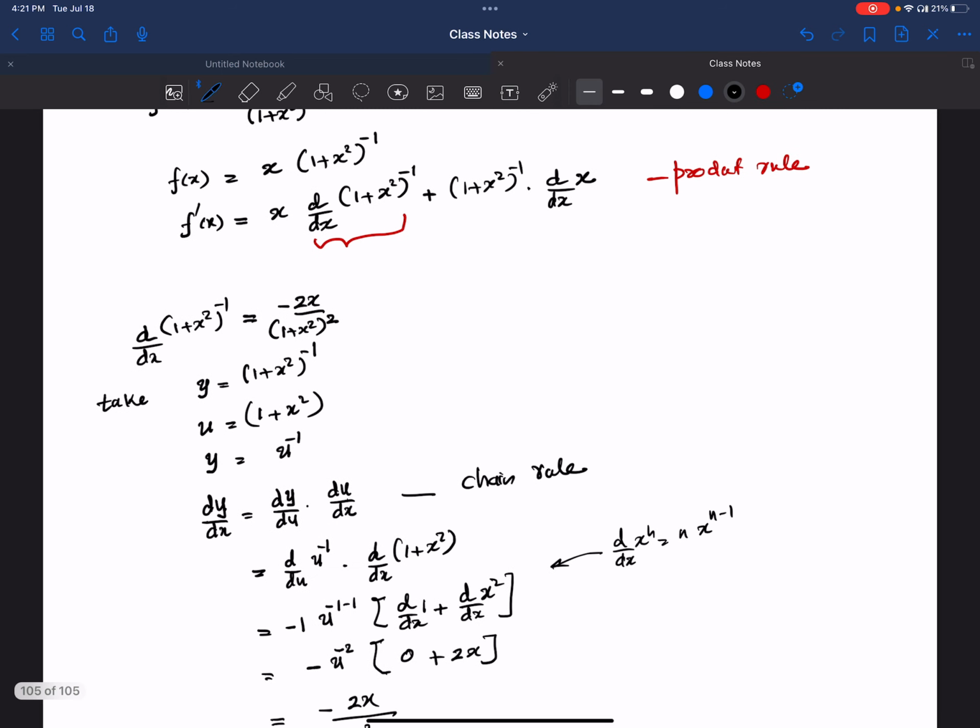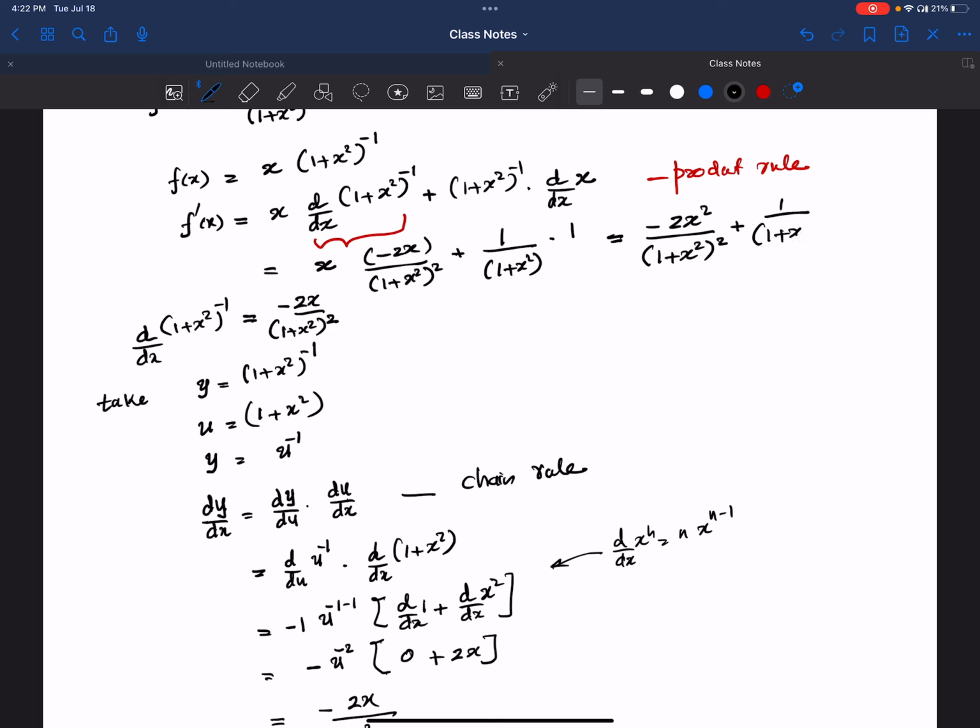I'm going to put that in here: x times negative 2x divided by 1 plus x squared, plus 1 over 1 plus x squared times 1. That is equal to negative 2x squared divided by 1 plus x squared plus 1 over 1 plus x squared. If I multiply the common denominator 1 plus x squared, I have 1 plus x squared minus 2x squared.